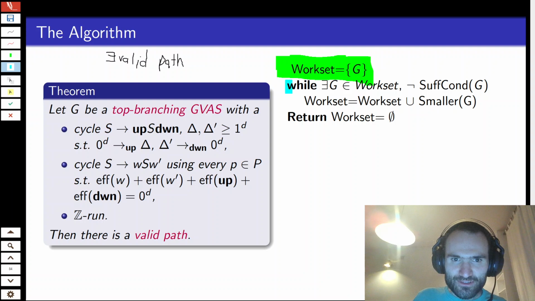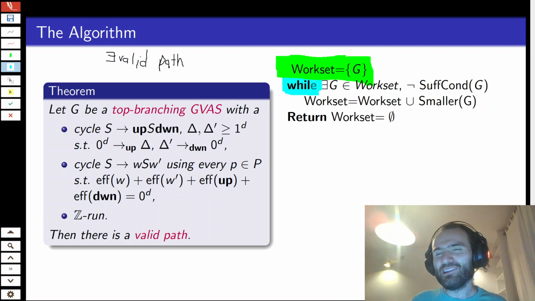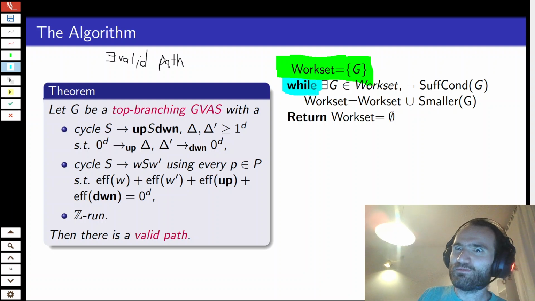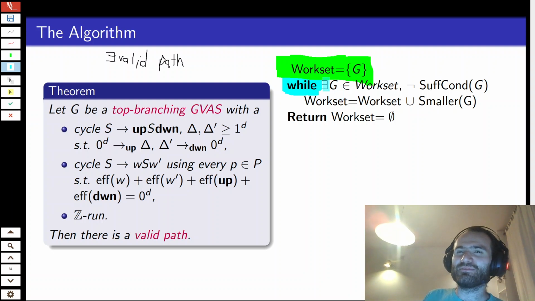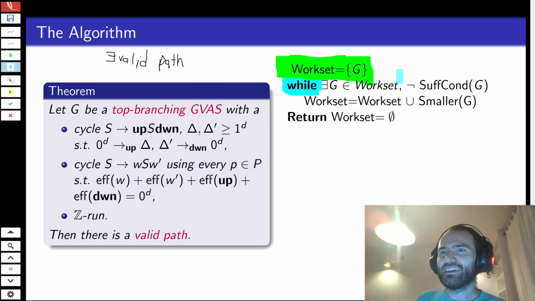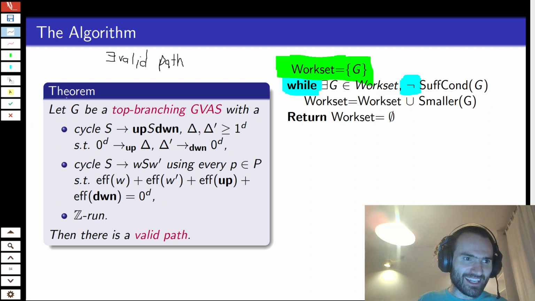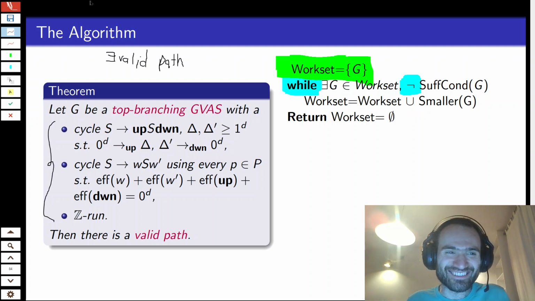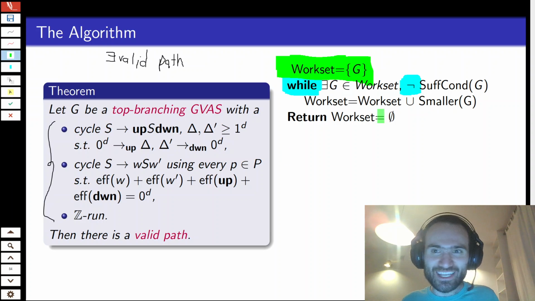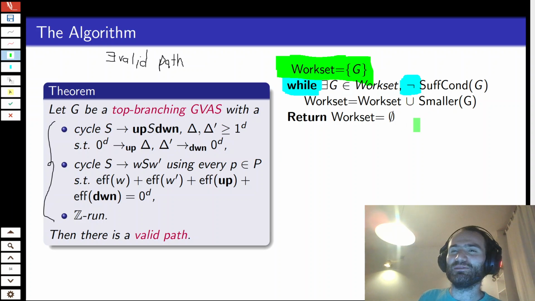And then we are simply going to create a while loop. In this while loop, we repeatedly check whether there is some GVAS in our work set which does not fulfill the condition. Essentially I claim that this condition is decidable somehow. This is magic number 1. We claim this condition is decidable.